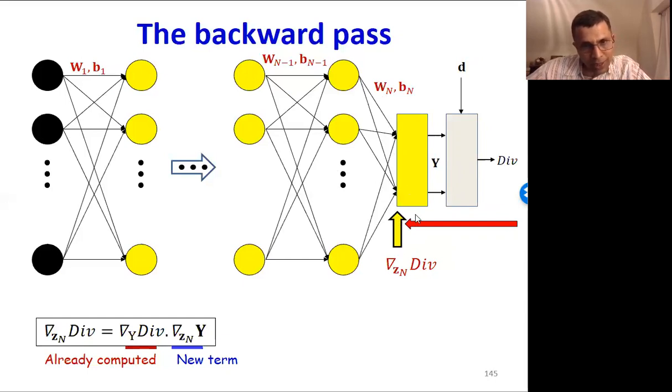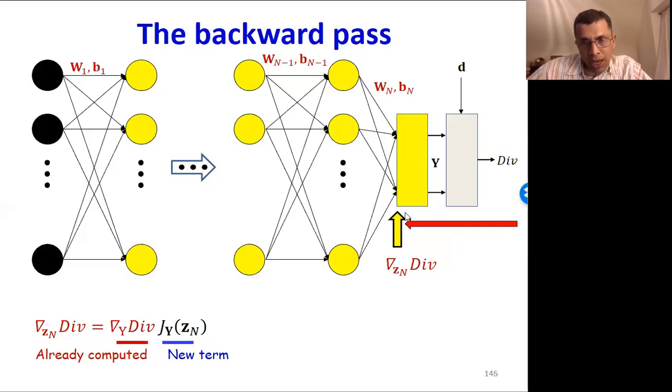That means that to compute the derivative of the divergence with respect to this, I must right multiply the derivative of the divergence with respect to y by the derivative of y with respect to z. And this derivative of y with respect to z is simply just the Jacobian of this final activation. Again, we can verify the sizes.